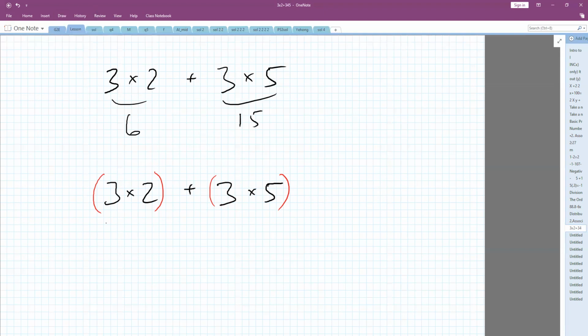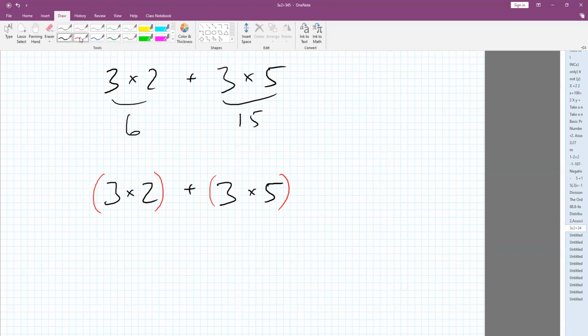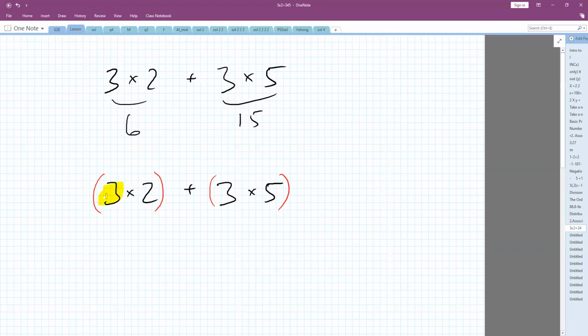If you look at the first bracket and then the second bracket, you have the same number. So you have 3 times 2, and then another 3 times 5. So you have the same value in here, 3.